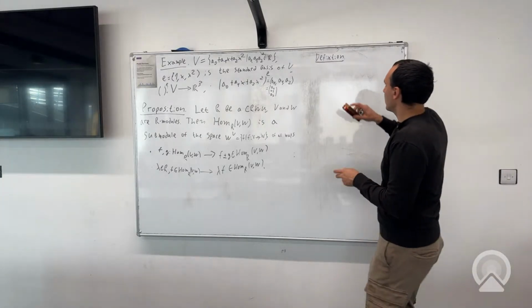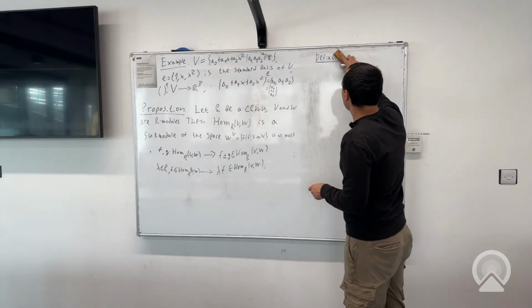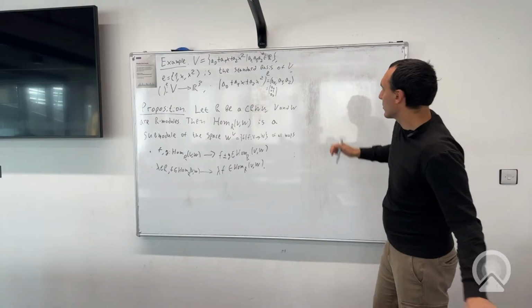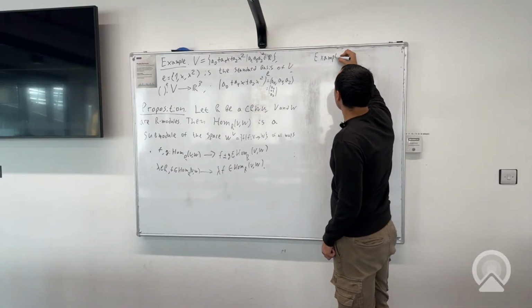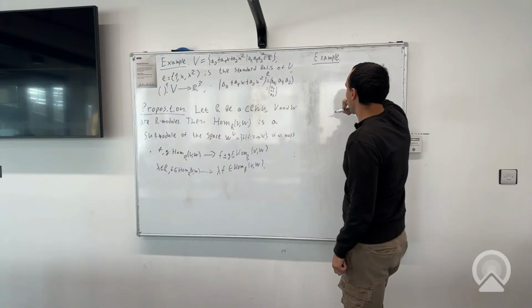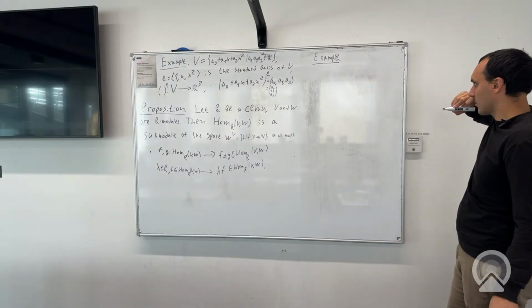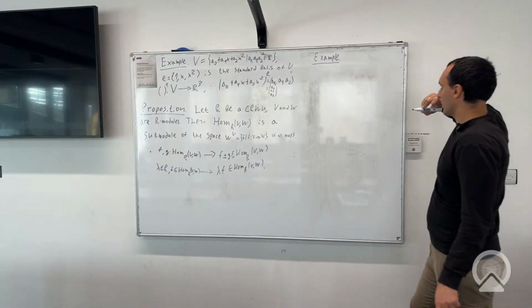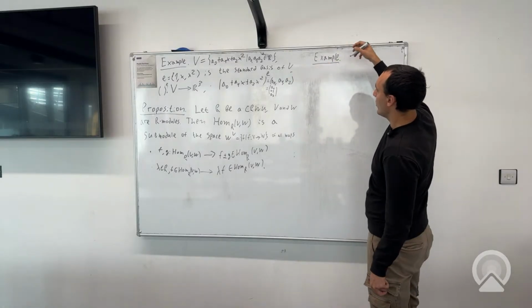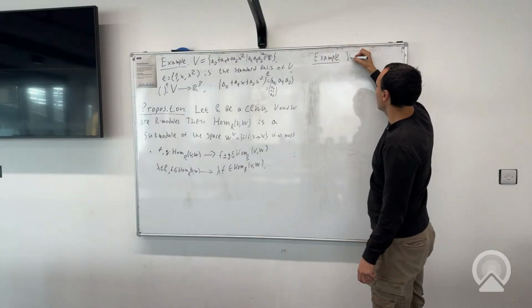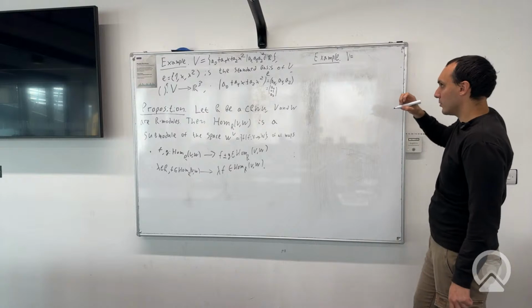Let me give some example. My favorite space, polynomials of degree 2. My favorite space of today.